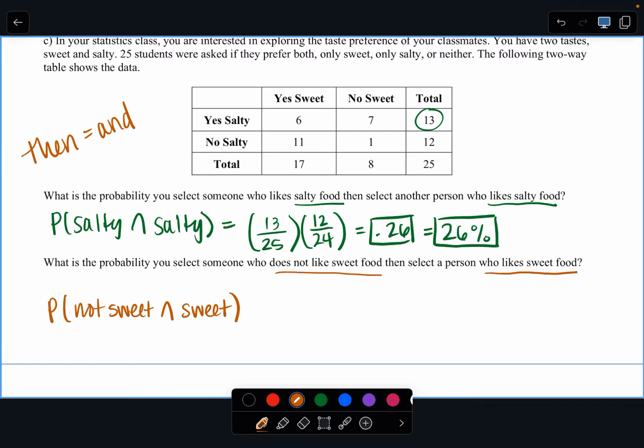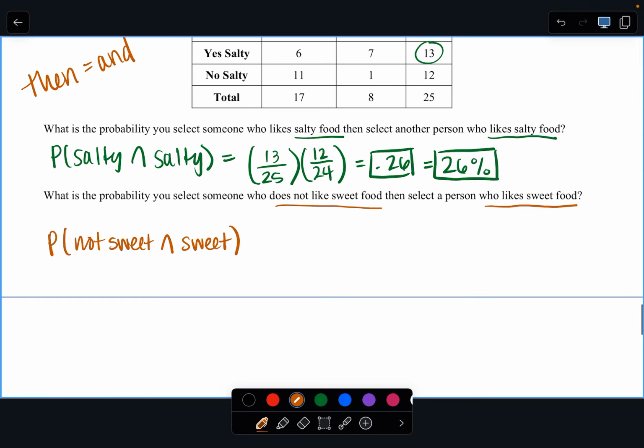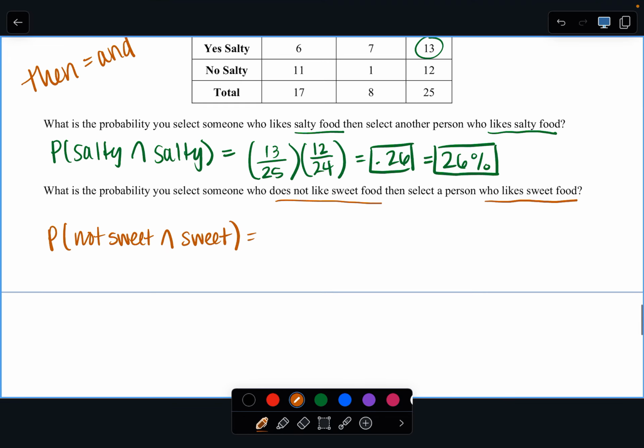I know "and" has a lot of meanings in probability, but that's basically saying two things have to happen together. For not sweet, that is going to be my 8 people here. So 8 out of 25. And then for sweet, that is going to be the 17 people here. But again, I'm still dropping that denominator down to 24.